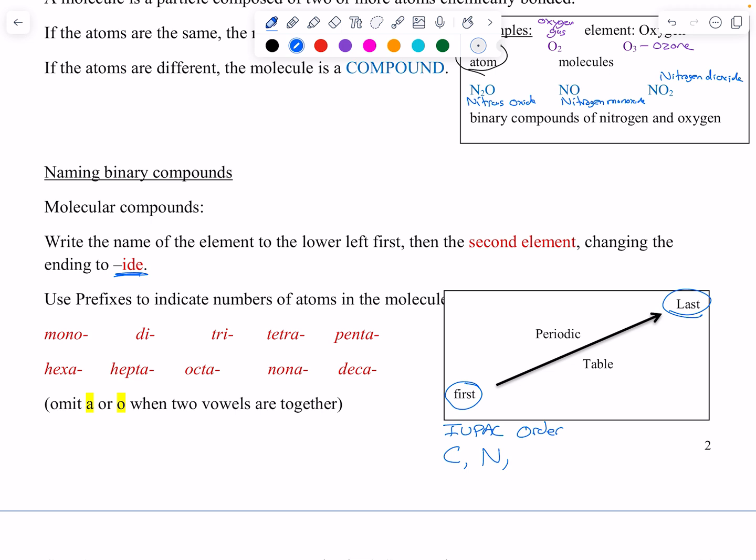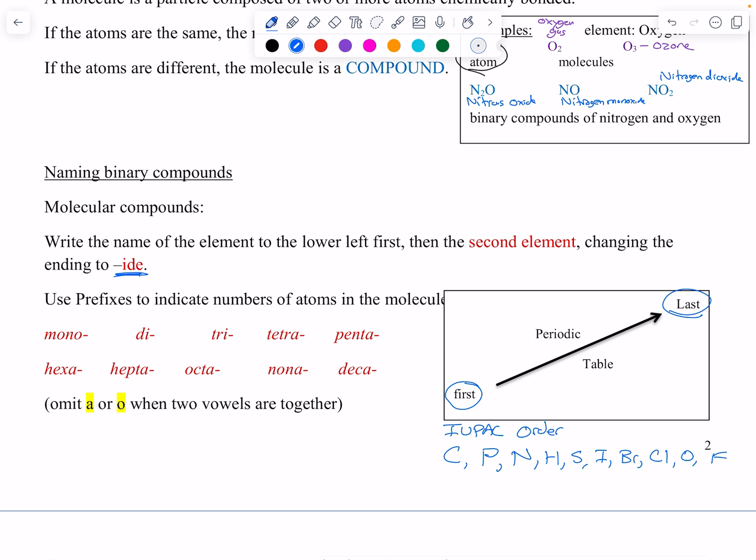All right, no, not nitrogen, phosphorus first. Phosphorus, then nitrogen, then hydrogen, and sulfur, iodine, bromine, chlorine, oxygen, fluorine. So that's the order, okay?